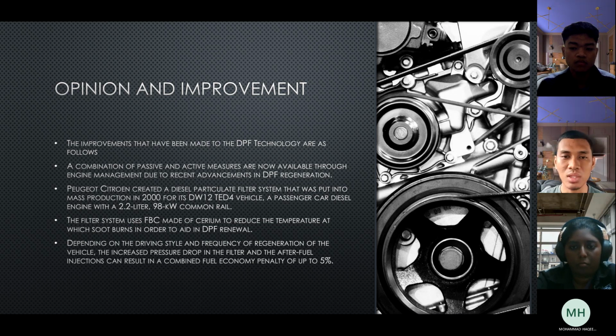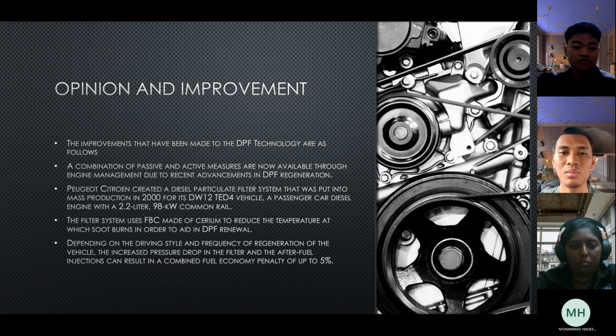Peugeot and Citroen created a diesel particulate filter system that was put into mass production in 2008 for its DW12 TED4 vehicle, a passenger car diesel engine with a 2.2 liter 98 kilowatt common rail.